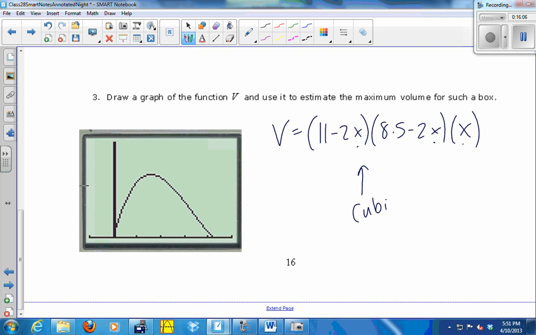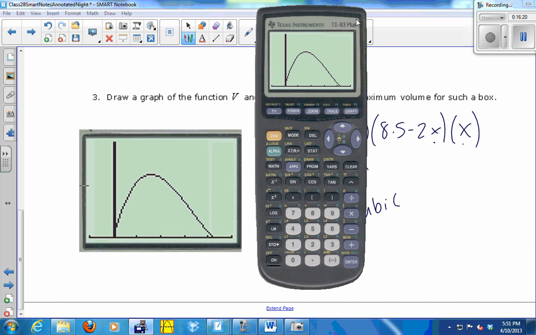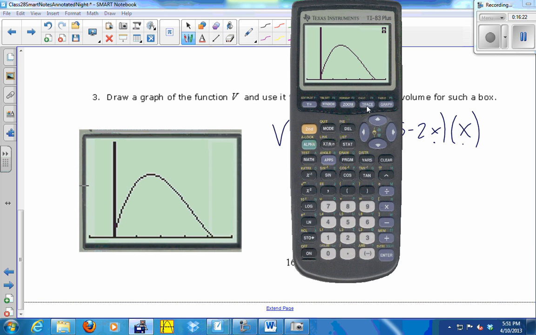So this is a cubic, which means I can't use the negative b over 2a trick to find the maximum. There really isn't a trick. So I have to rely on my calculator to estimate it for me. So go to your calculator and you go calculate maximum, and you give a left bound and a right bound and a guess.